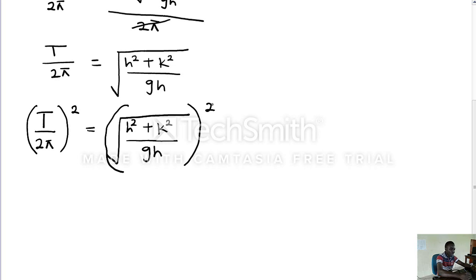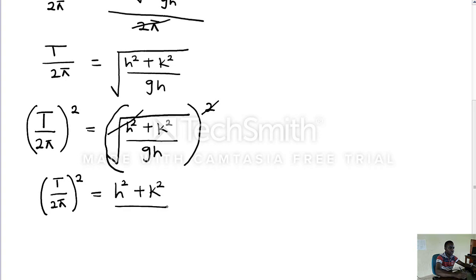So the square of a square root is that variable. So square will cancel square root, leaving us with bracket t divided by 2 pi squared is equal to h squared plus k squared divided by gh.